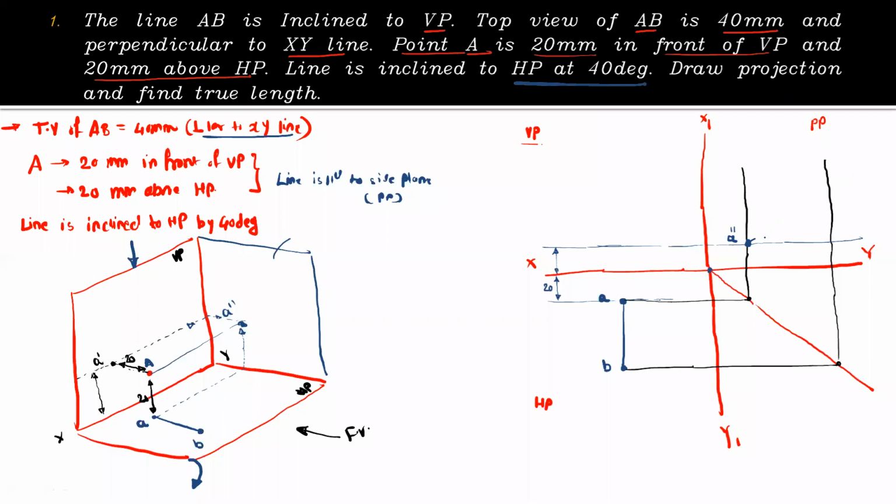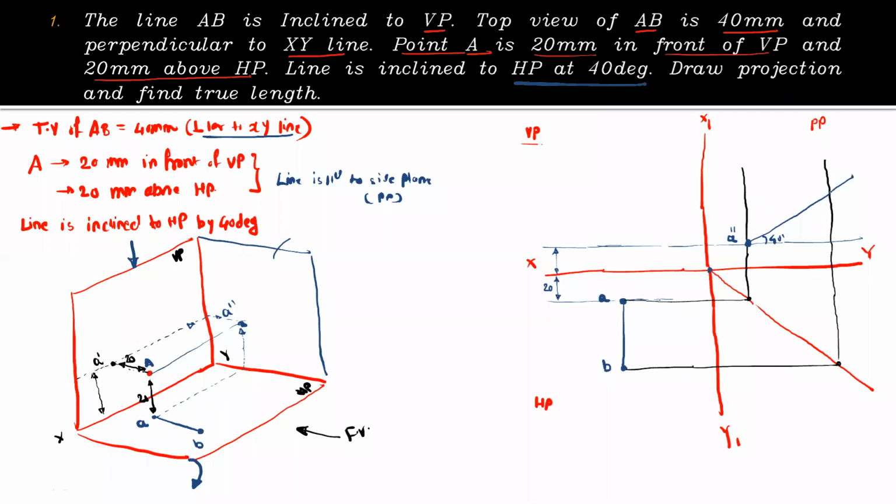Just take this angle 40 degree and draw this straight line. When this straight line intersects the second projector that is coming from the point B, this point is nothing but the B double dash. Now this is your actual length or the true length of the line. So in the side view, you will get the true length.